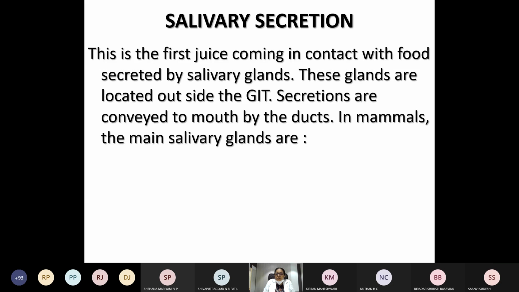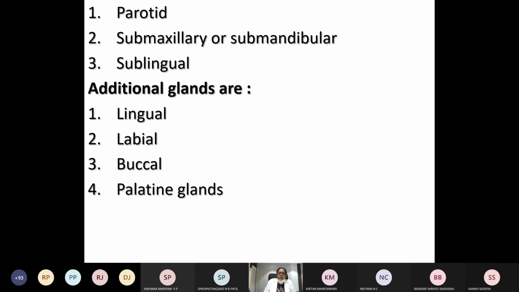In mammals, the major salivary glands are the parotid, submaxillary or submandibular, and sublingual. Additional glands are the lingual, labial, buccal and palatine glands.